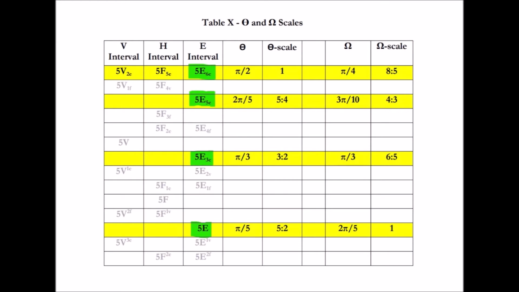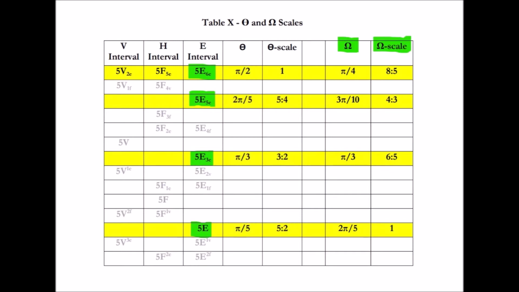There were 4 5E notes that have some simple ratios between their angles theta, which were derived in the previous table, and they were simple fractions of pi. The largest angle was pi over 2, and this is set as unison, or 1 to 1, and the other 3 angles were compared to unison and resulted in the simple ratios seen here.